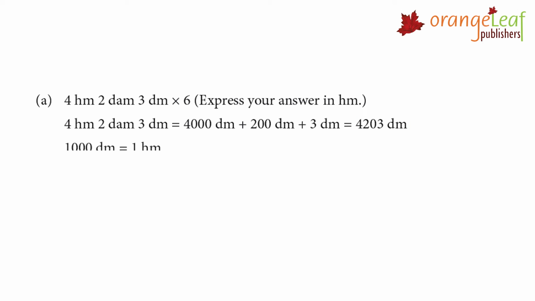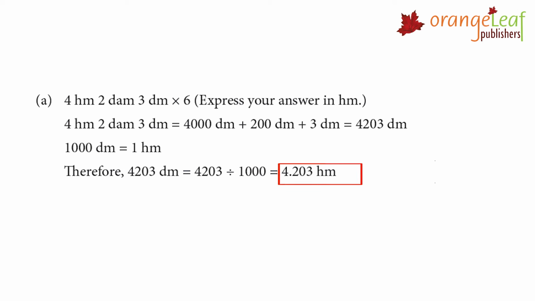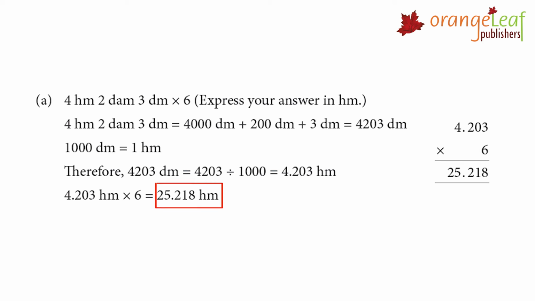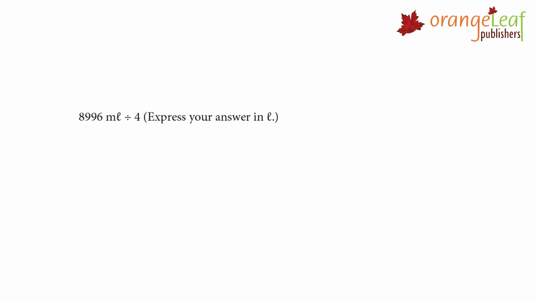To convert this value into hectometers, we need to divide it by 1000. So 4203 divided by 1000 is 4.203 hectometers. When we multiply that with 6, the final answer is 25.218 hectometers.